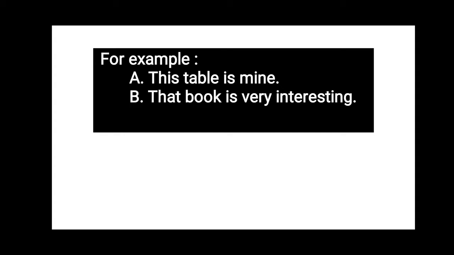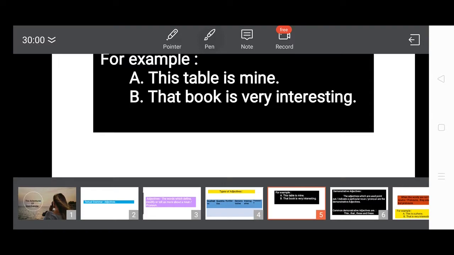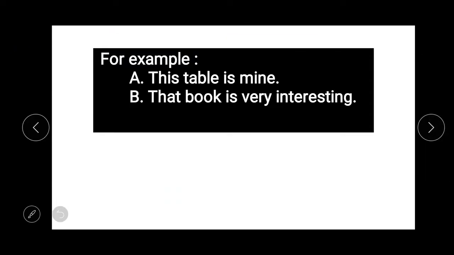Here I have included 2 examples. Number A is, this table is mine. And number B is, that book is very interesting. So student, in the first example, this table is mine, here the word this.